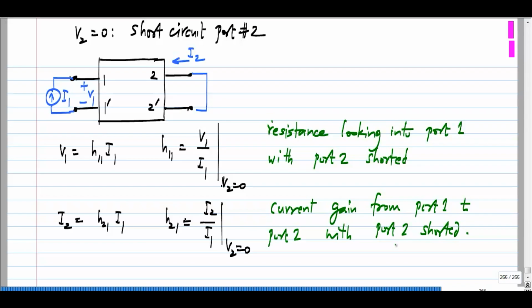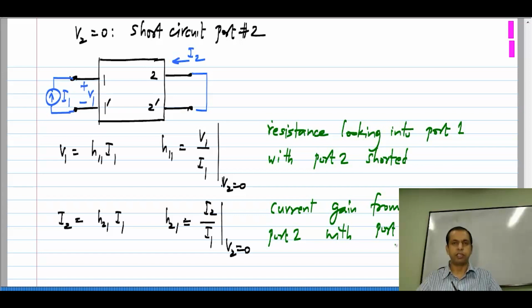You set one of the independent variables to 0 and apply a stimulus on the other side and evaluate two of the parameters. Okay.